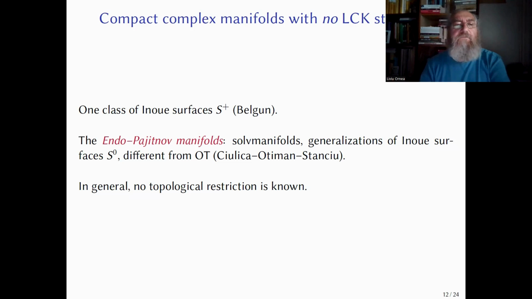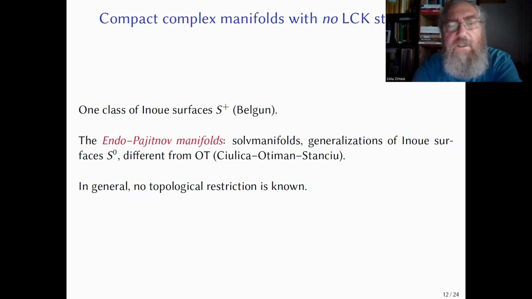Belgun's method was very nice and inaugurated a series of proofs in other cases which mimic his idea. He showed that once you have an LCK structure on these surfaces, then you also have an invariant one.